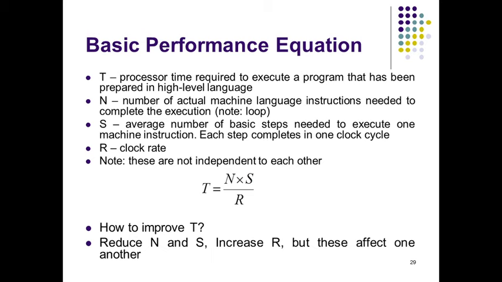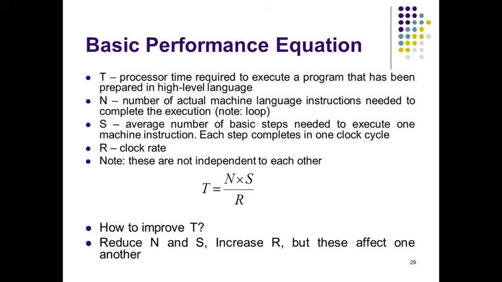Assume that the complete execution of the program requires the execution of capital N machine language instructions. The number N is the actual number of instruction executions and is not necessarily equal to the number of machine instructions in the object program. Some instructions may be executed more than once, which is the case for instructions inside a program loop. Others may not be executed at all depending on the input data used.